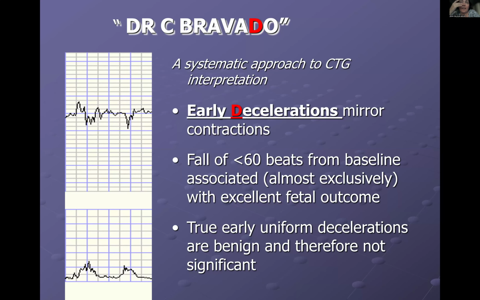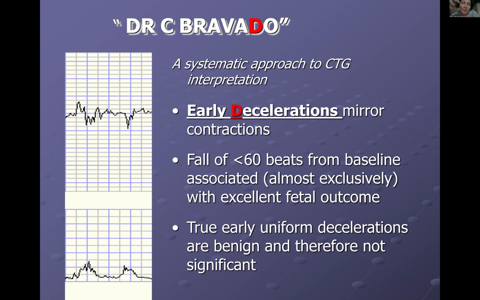They're benign. They are very, very common as the mother is pushing, right? Or when the head is very well engaged and she is in the last part of the first stage, and it usually happens because of pressure on the head.